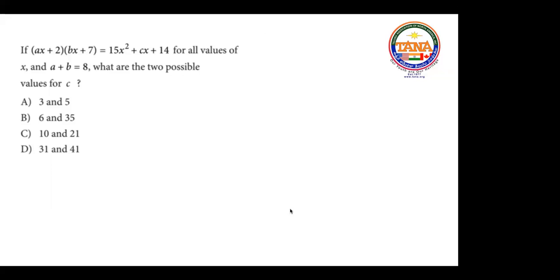All right. So you have to put both of these into the same form. So you FOIL first thing. You have ax times bx, which basically means a times b times x squared, plus 7ax, because ax times 7 is 7ax, plus 2bx, 2 times bx, plus 14 equals to 15x squared plus cx plus 14.